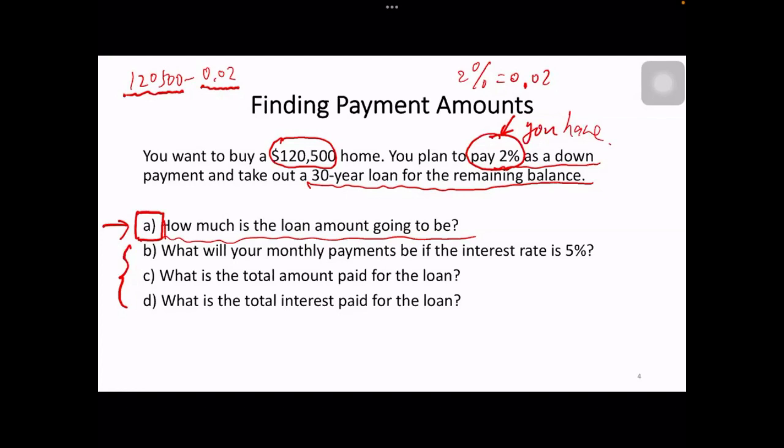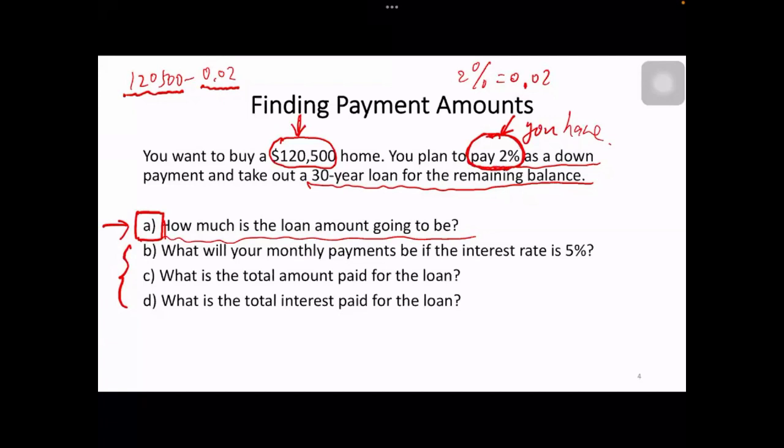How about others? Anybody else like to share your opinion? How can we find the loan amount? We have the house total value this much, okay? And then you want to pay 2%, and then the rest. Oh, go ahead.